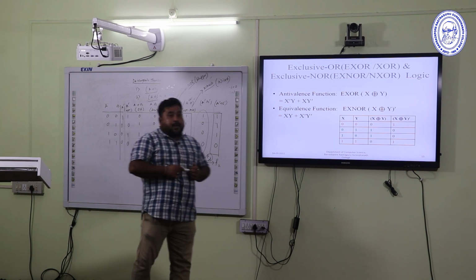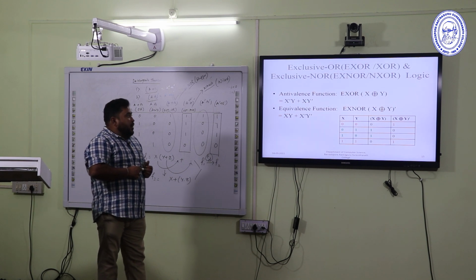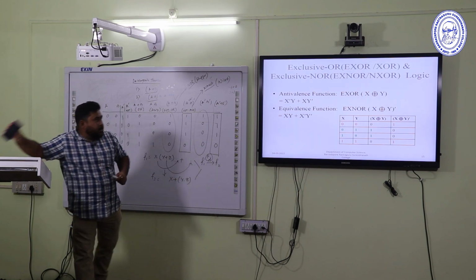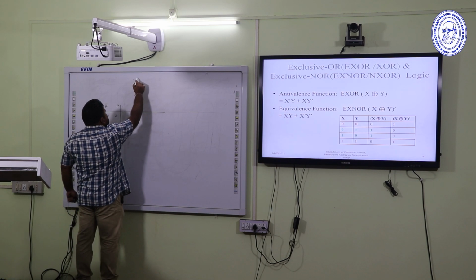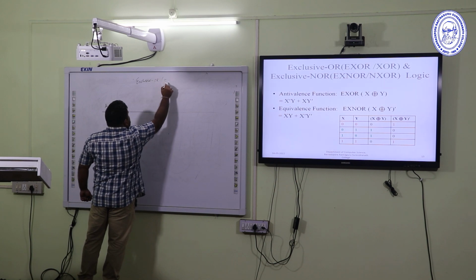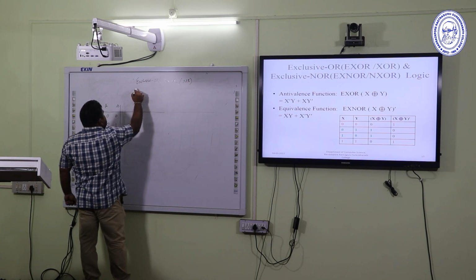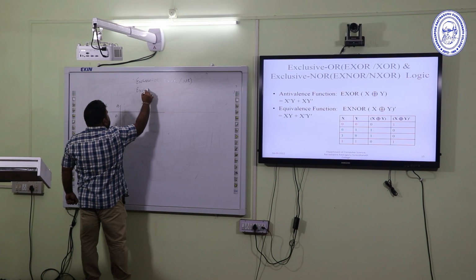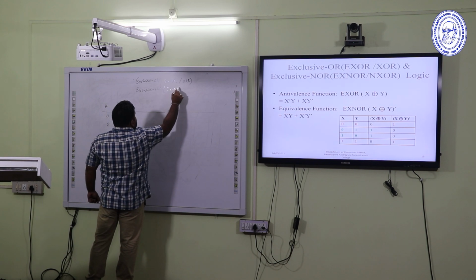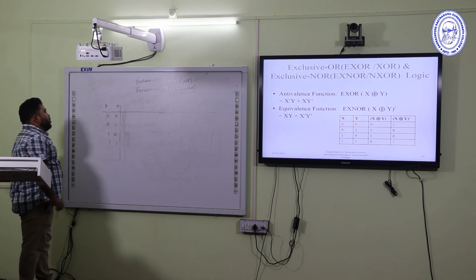There is another function called the exclusive OR function, also known as the antivalence function, and another is the exclusive NOR or equivalence function. The exclusive OR is called XOR, and the other function is XNOR, or NXOR.